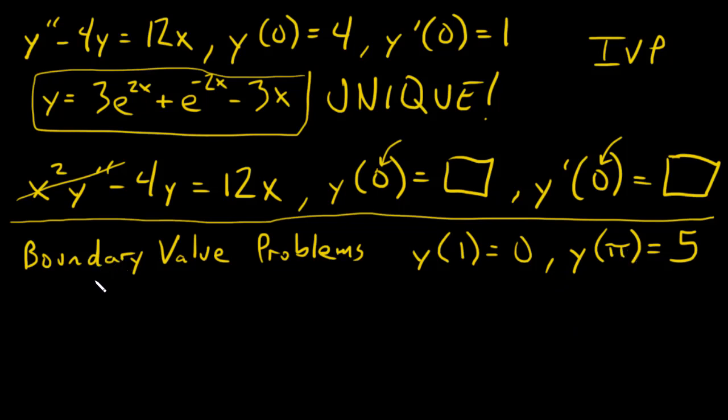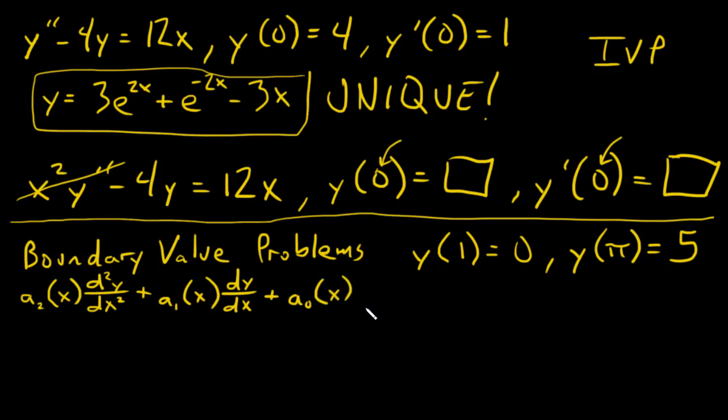Okay, so just like I did before, we're going to have some kind of notation put out here. So a2 of x, second derivative of y with respect to x, plus a sub 1 of x times first derivative of y with respect to x, plus a naught of x times y equals g of x.